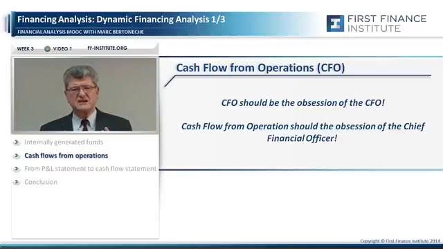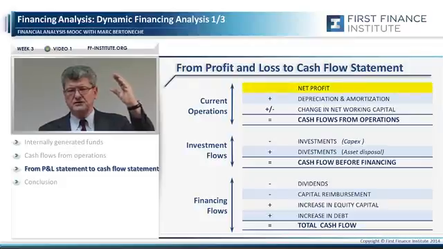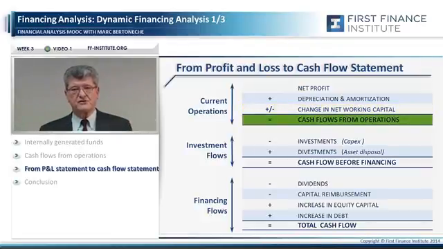Let's just take a brief look to finish this first video of week 3 at a standard cash flow statement. As you see on the slide, net profit, first line, which is the last line of our P&L, plus depreciation amortization, plus or minus the change in net working capital, and we get the cash flow from operations.